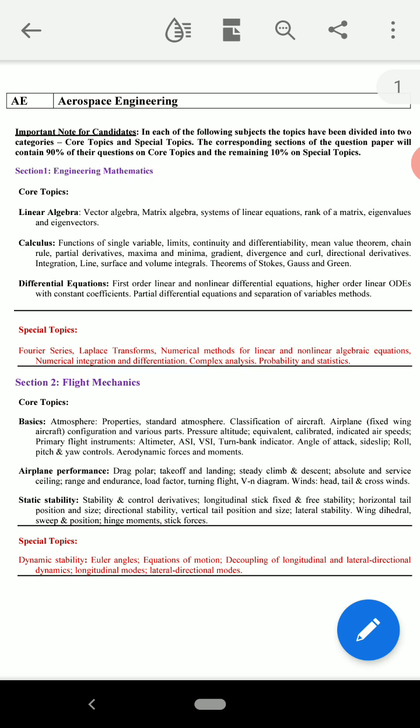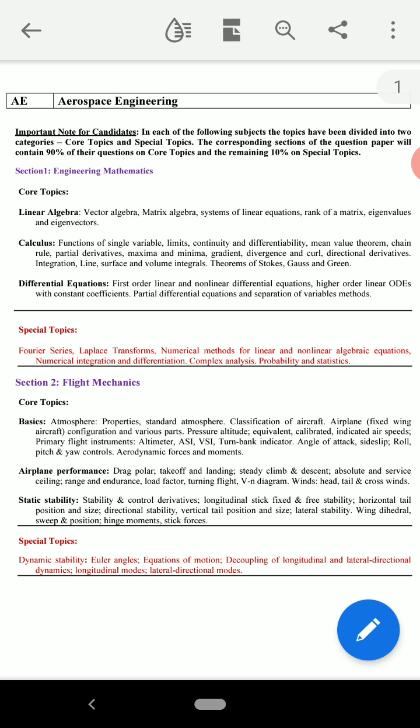First section, engineering mathematics. Engineering mathematics is very important for all the engineering streams. We will see the core topics first, then we will move to the special topics. Linear algebra.